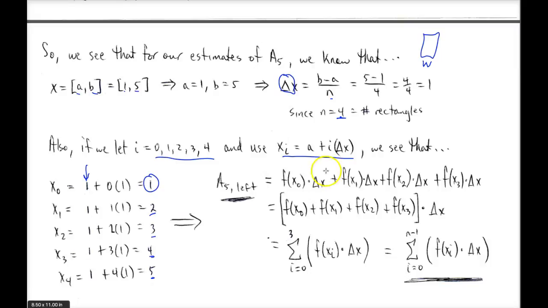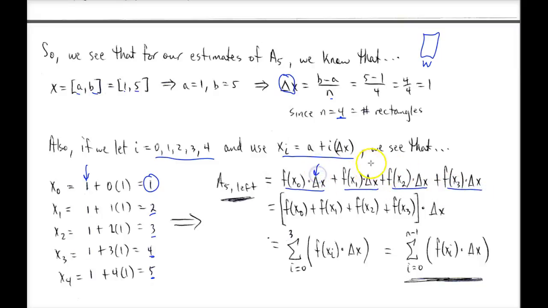Okay. Now, for the left endpoint estimate for the area A sub 5, notice that I can rewrite this as a sum of areas for each rectangle.